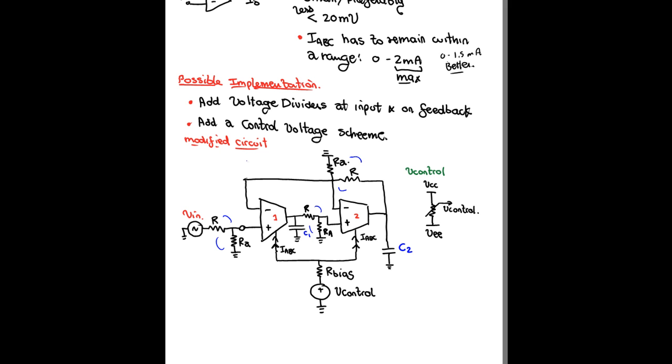A simple way to simulate a control voltage would be a potentiometer with one end to VCC and the other end to VEE, and the middle wiper going up to IABC control.